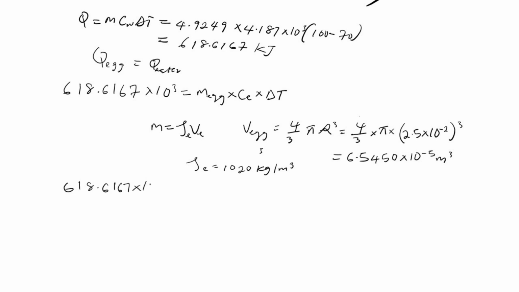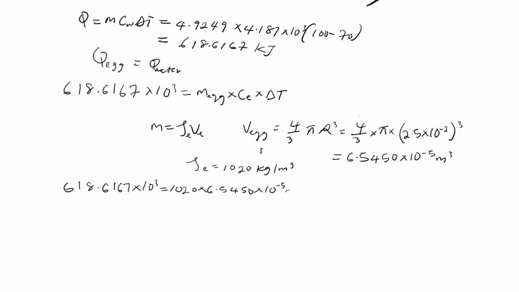618.6167 times 10 raised to the power of 3 is equal to the mass of the egg, which will now be rho v, which is density 1020 times our v, which is 6.5450 times 10 raised to the power of -5.